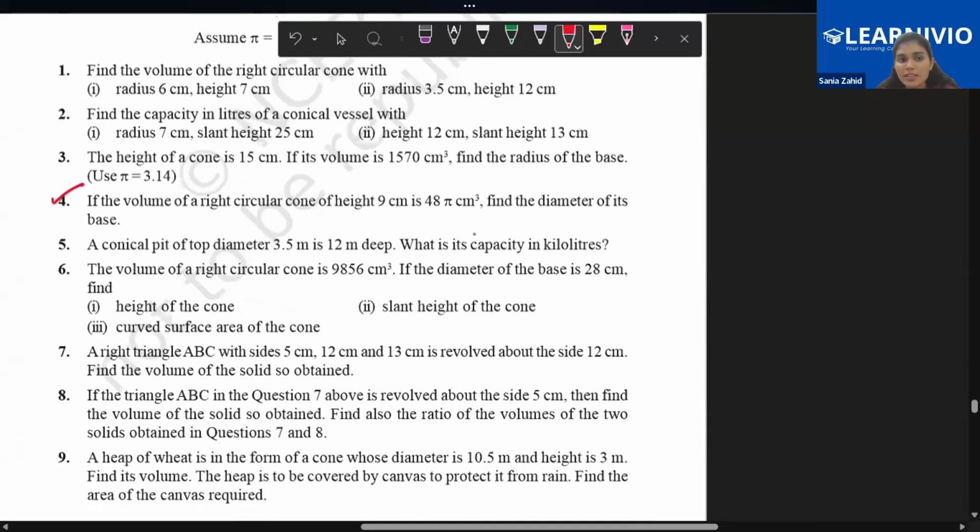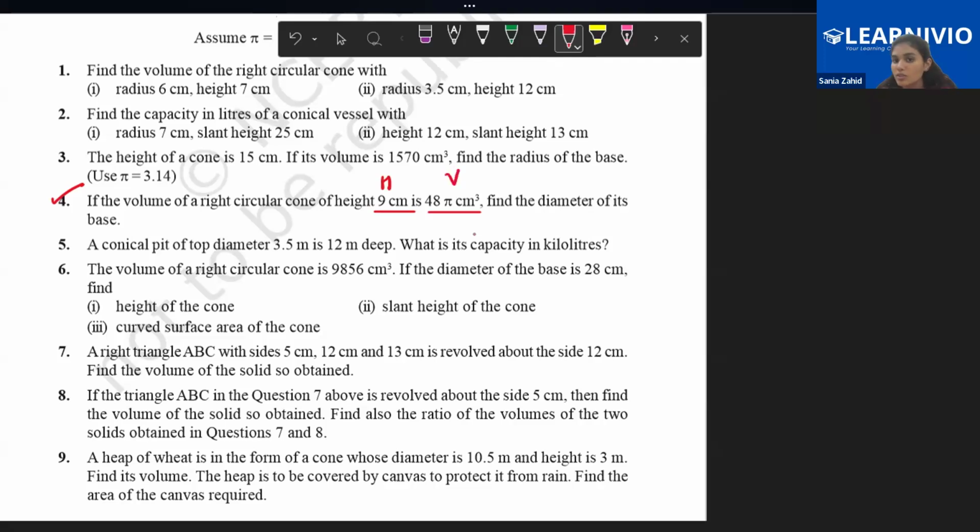So the fourth question, children, says if the volume of a right circular cone of height 9 centimeter is 48 pi centimeter cube. Now, children, learn to understand what value is given to you by looking at its unit. 9 centimeter becomes the height and 48 pi centimeter cube is supposed to be the volume. Why?